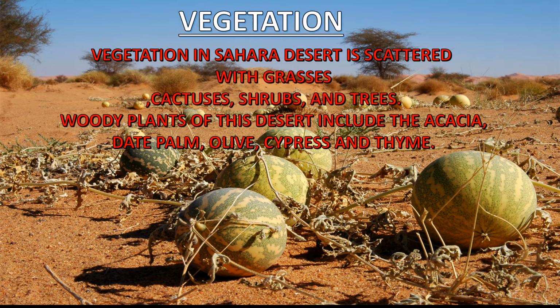The roots of the plants which grow in the Sahara are quite long so that they can reach underground water sources. The vegetation includes cactuses, shrubs, trees, and woody plants like acacia, date palm, olive, cypress, and thyme. Acacia in Hindi is known as babul ka ped. So this is the kind of flora found in the Sahara Desert.